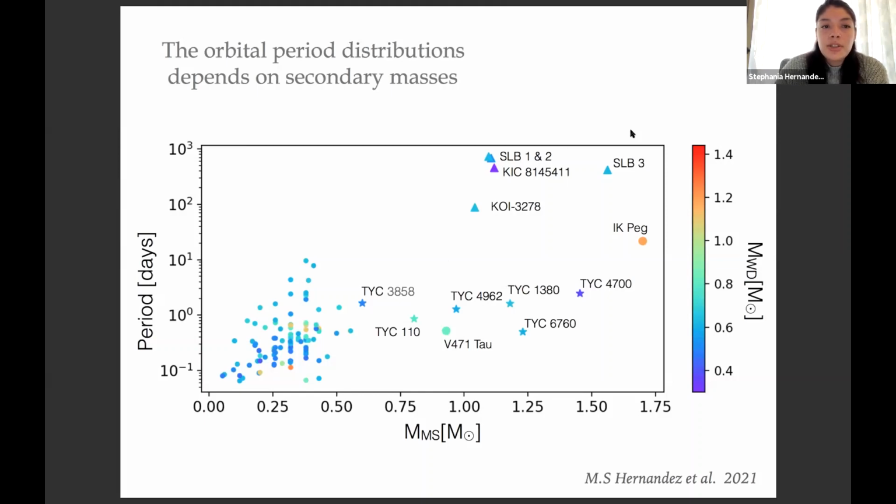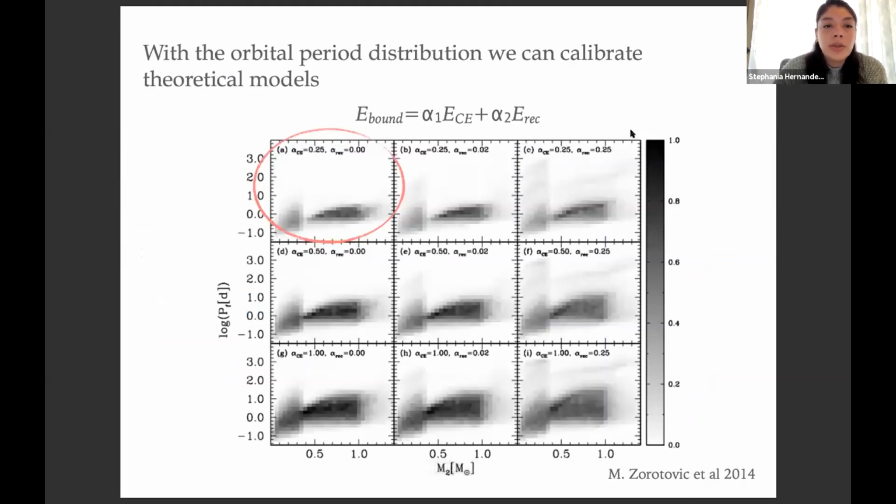These observations can be compared with population models, and we found that white dwarfs with AFGK binary secondaries with short orbital periods seem to use the same energy that binaries with M-dwarf companions use to eject the common envelope.